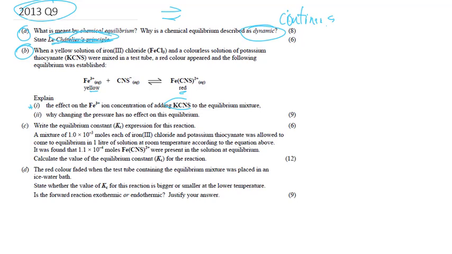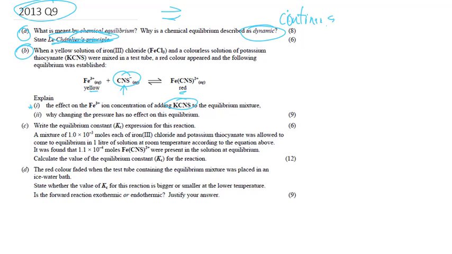Okay, so the addition of this would lead to increased CNS ions. And so that would mean that there'd be a greater chance of these guys reacting and forming these products. So if we think about it, the stress being applied is the addition of these ions.